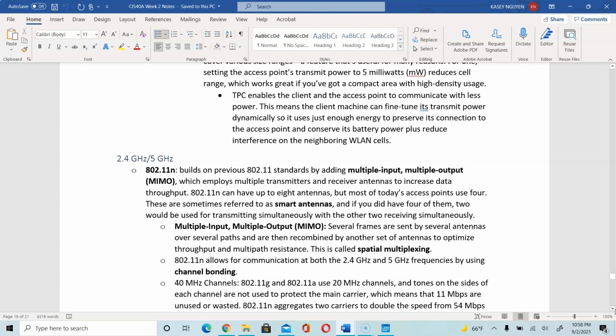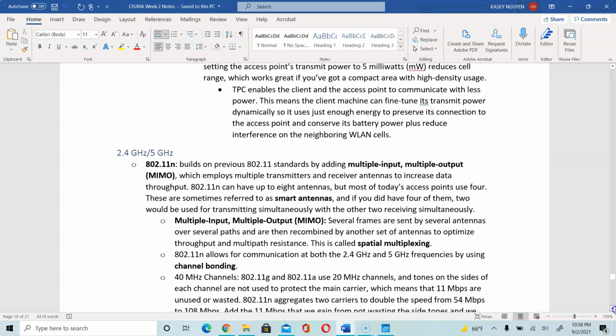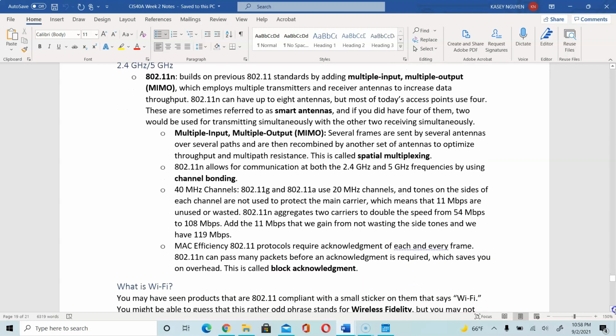throughput for multipath. And on 802.11n, since there are dual bands, two frequencies, 2.4 gigahertz and 5 gigahertz, there is something called channel bonding. So for the 5 gigahertz, you would see 20, 40 megahertz, and 80 megahertz.